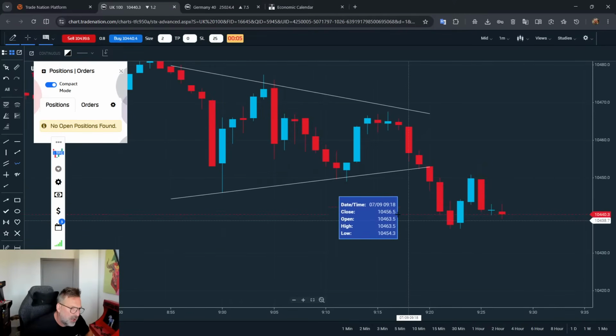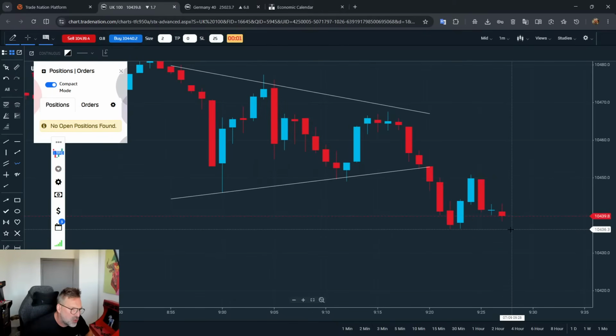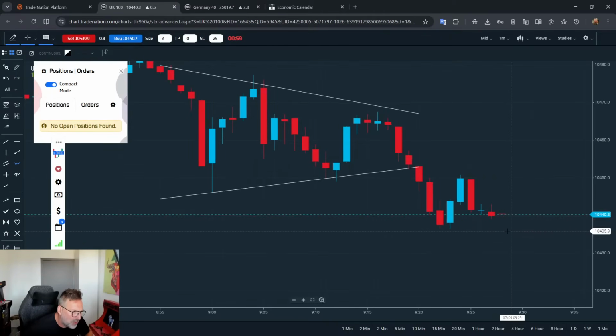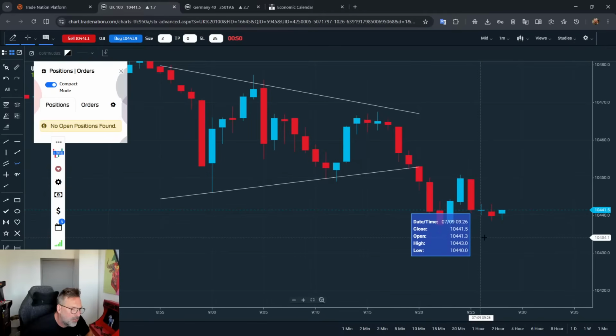Some traders wait for confirmation. They would only sell short now below here, right? Below this swing low.